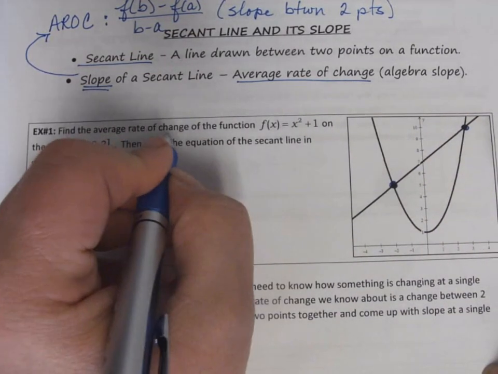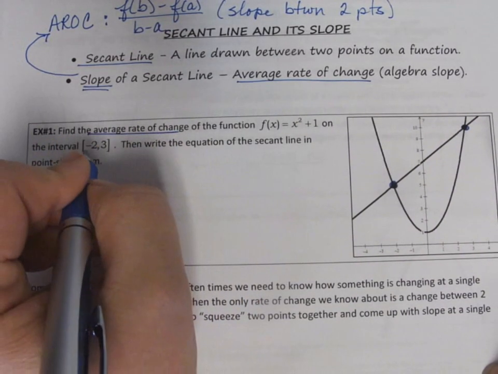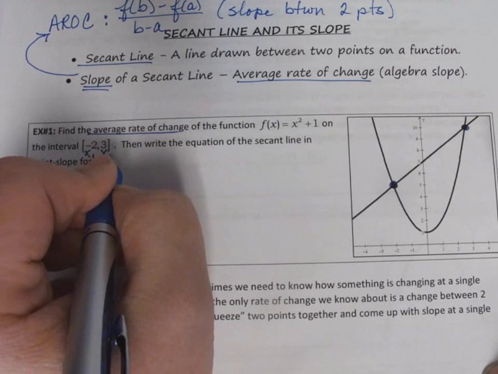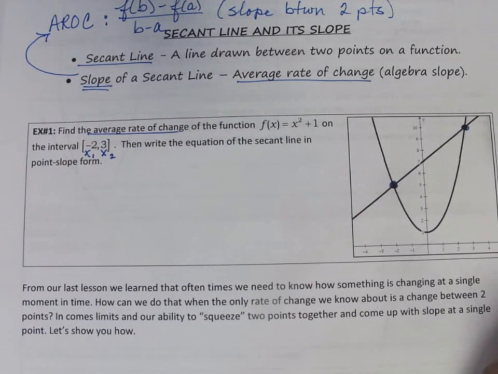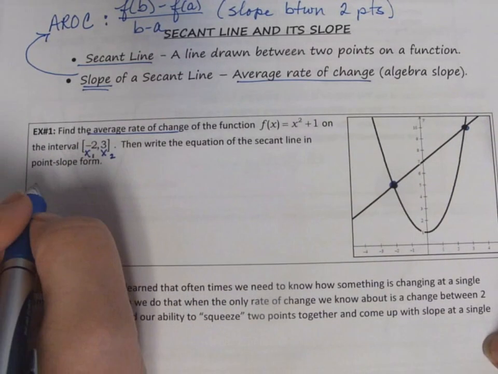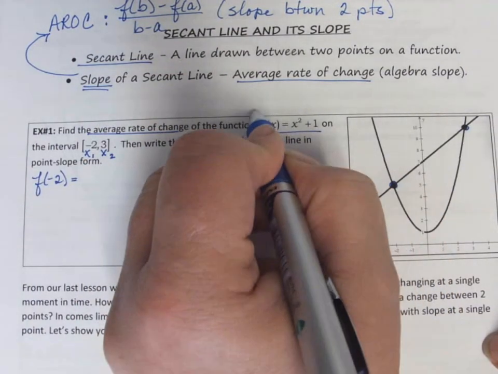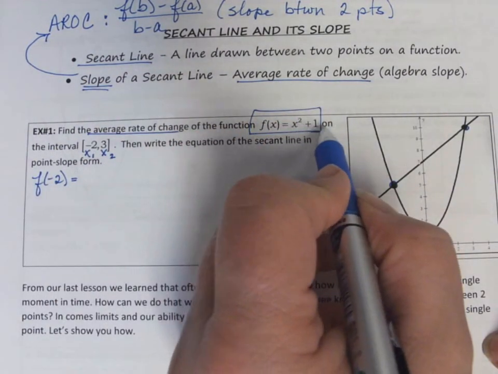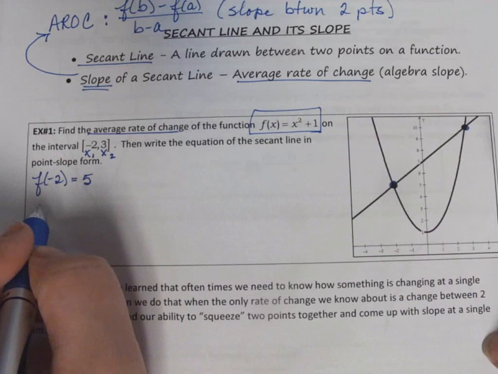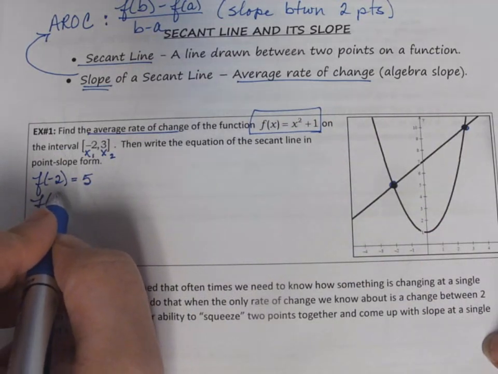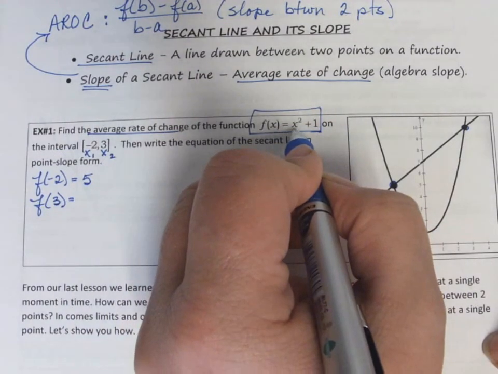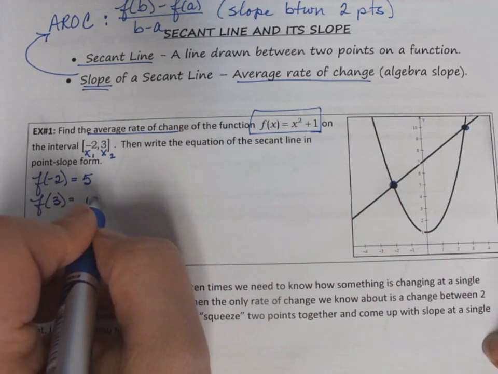Okay, now remember, when we're given an average rate of change, the numbers that we are given are both x values. So in order to be able to find average rate of change, we need to go out there and find the y values. So f(-2), if I plug into my equation, that would be 4 plus 1 is 5. And f(3), if I plug into my equation, that would be 9 plus 1, that would be 10.